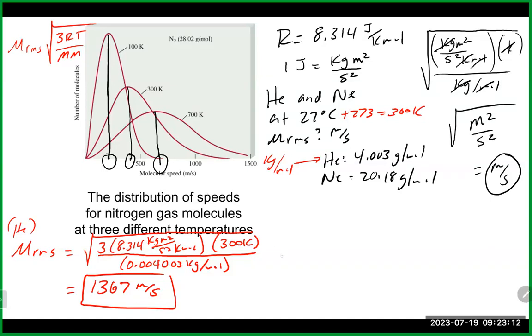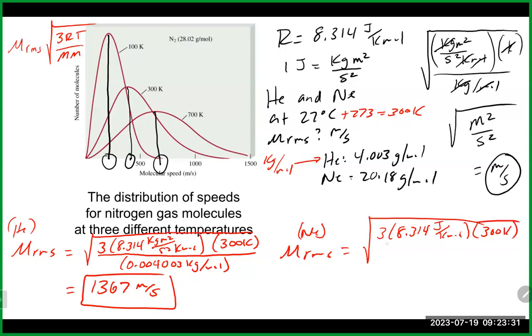So let's take a look at what our neon was moving at here. Basically it's going to be the same calculation, except obviously we'll use the appropriate molar mass. So our 8.314 joules per Kelvin per mole, our 300 Kelvin. And again here we'll divide by 1,000, or move the decimal place 3 places over, and that will give us kilograms per mole.